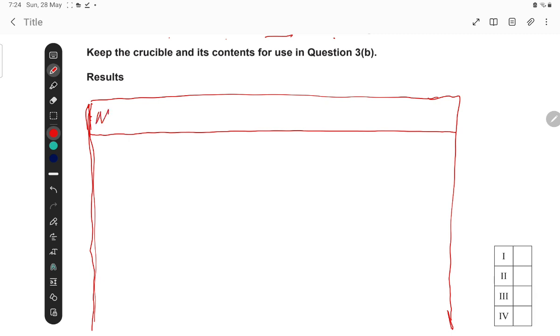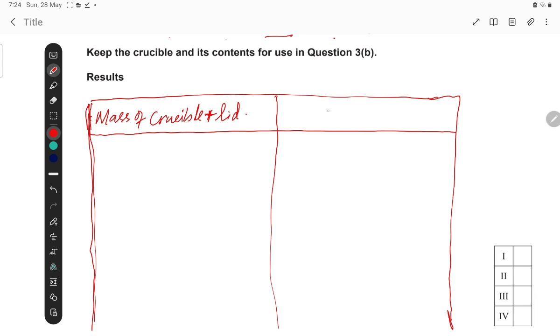Mass of crucible plus lid. This is very important: weigh the mass of crucible with lid and always write it down in your table.